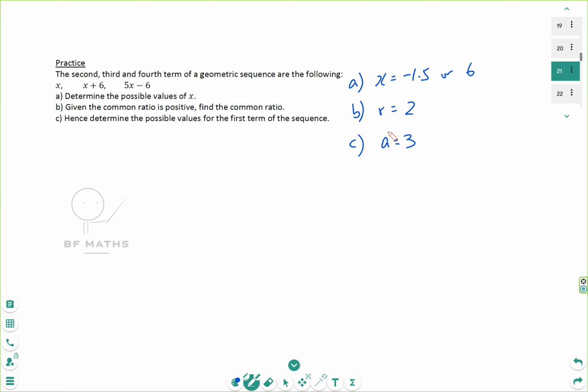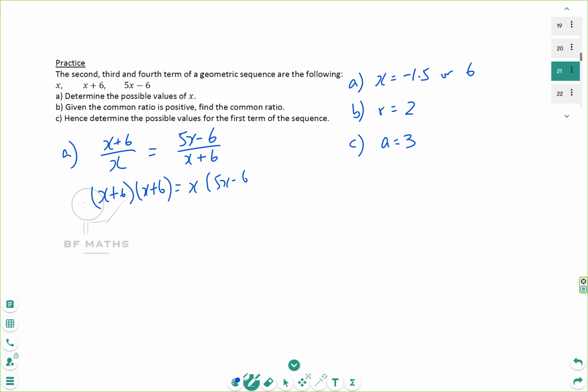Okay, question A. Again, a geometric sequence. What we know is they share a common ratio. So that means (x plus 6) divided by x has the same value as (5x minus 6) over (x plus 6), because they share the same ratio. So you can cross multiply, giving (x plus 6) times (x plus 6) equals x times (5x minus 6).